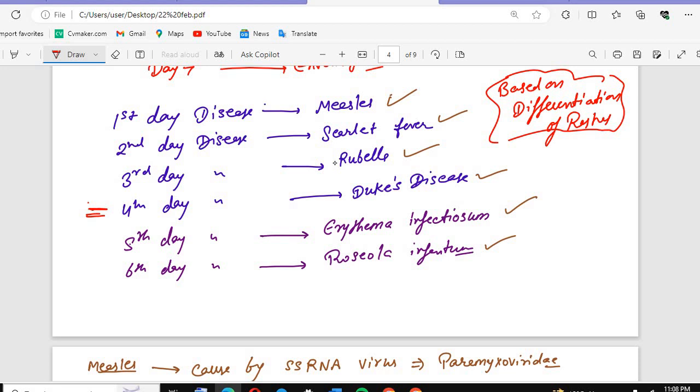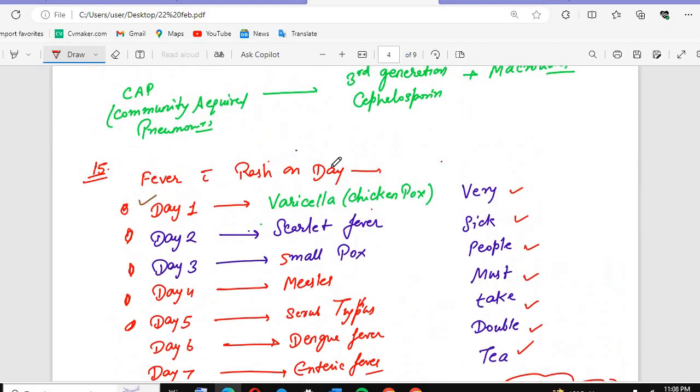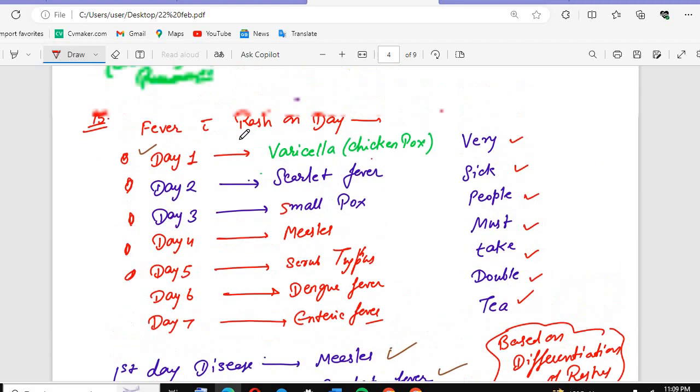So based on that we are getting that it is measles, then second is scarlet fever. And fever with rash, if fever and rash both come together on day 1, then remember fever with rashes, on which day whichever rashes are coming. I hope everyone is clear and you don't have doubts. You don't need to remember why this happened, what happened, why we called it first day disease, why we called it second day disease, the main thing you need to remember is the name.